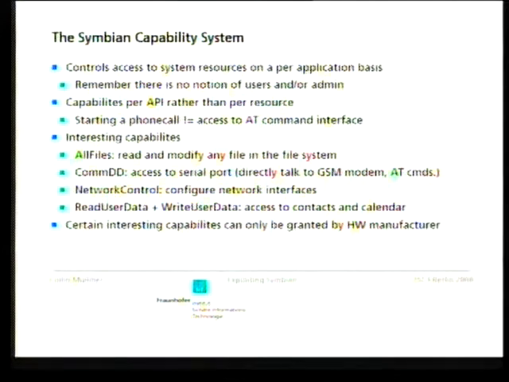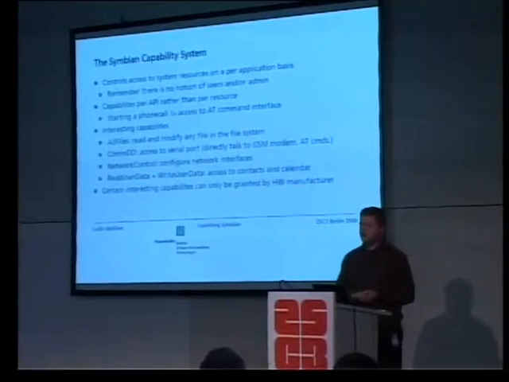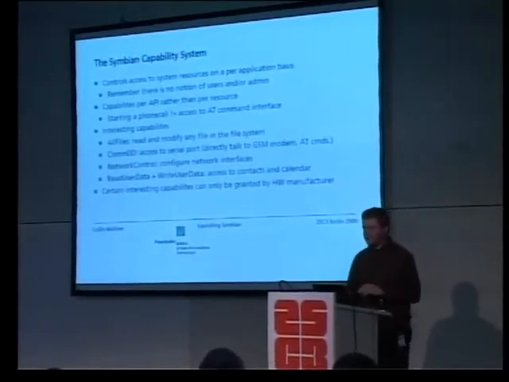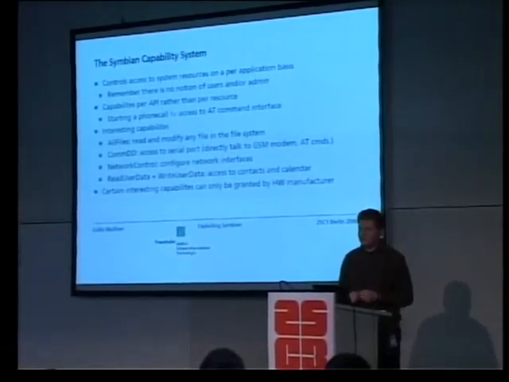So now we get to the more interesting stuff. The other stuff was more like an introduction. So the Symbian capability system, as I said earlier, controls what applications can access what resources of the system. Other than on other OSs, you have an API-based capability system rather than a resource-based one.